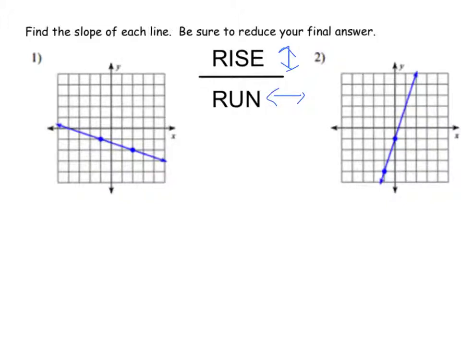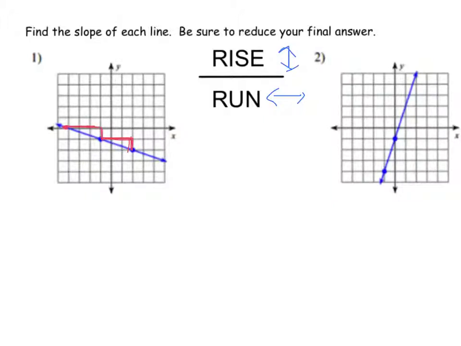So I suggest, more than suggest, I want you to draw in your rise and your run between 2 points. Sometimes you have to pick the 2 points, sometimes it's given to you. Those two are given, but I could have used this point as well. And then name it.